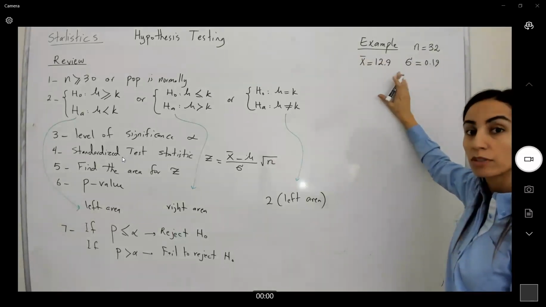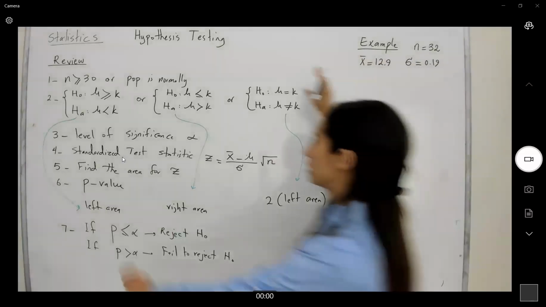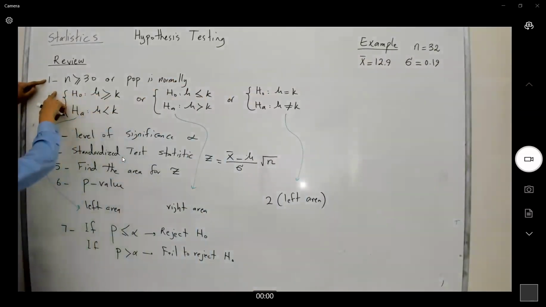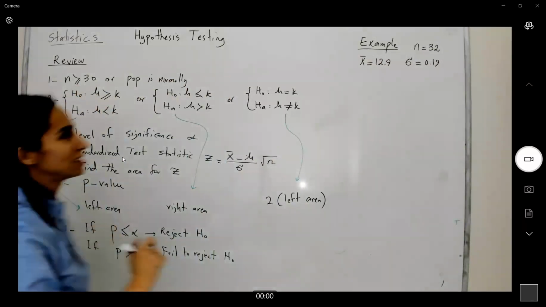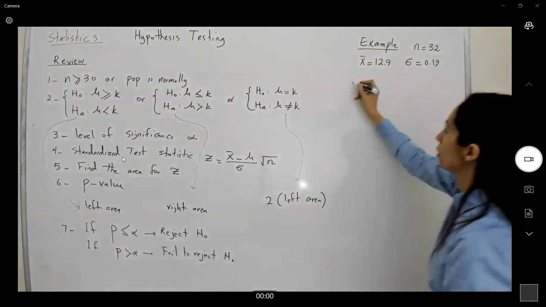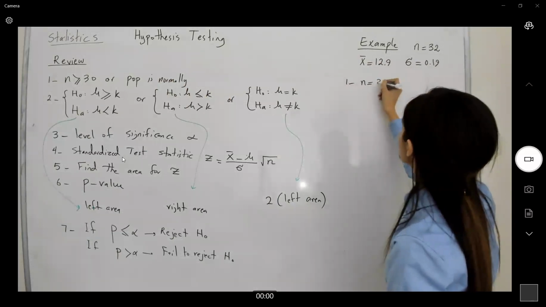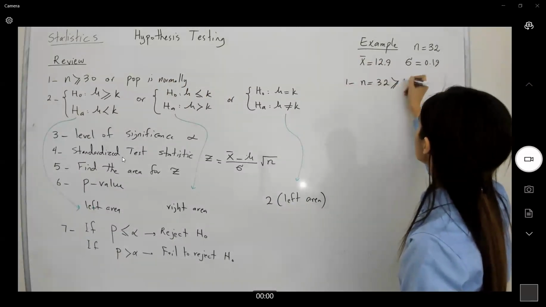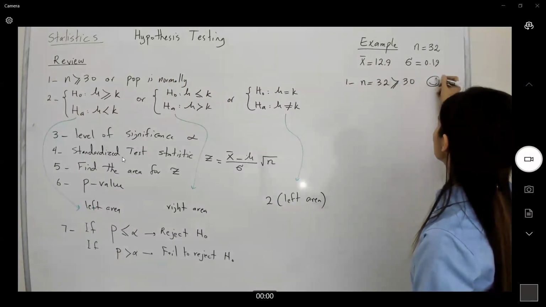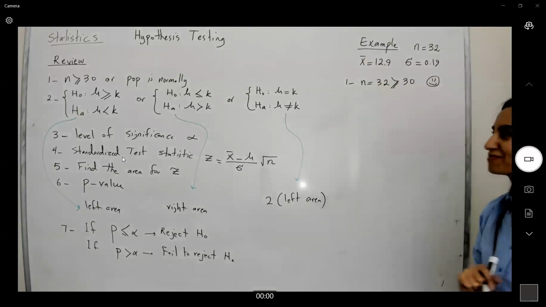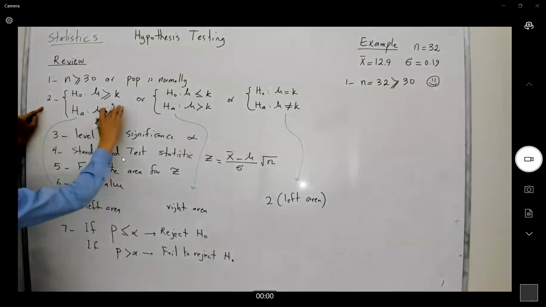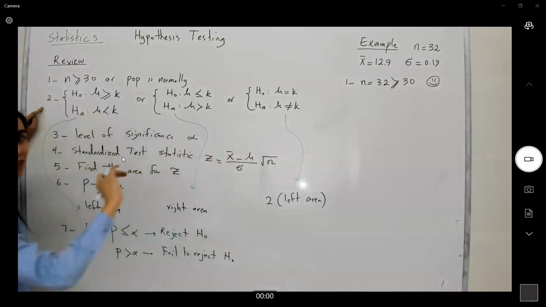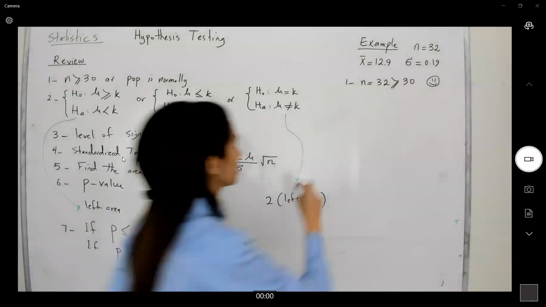Okay. So the first step, is n greater than or equal to 30? Yes. Step 1, n is 32 and greater than or equal to 30. You're happy. Step 2, which case is your hypothesis testing here?